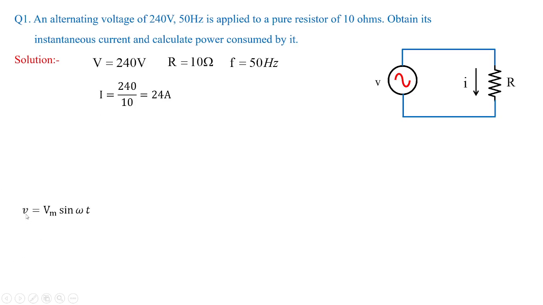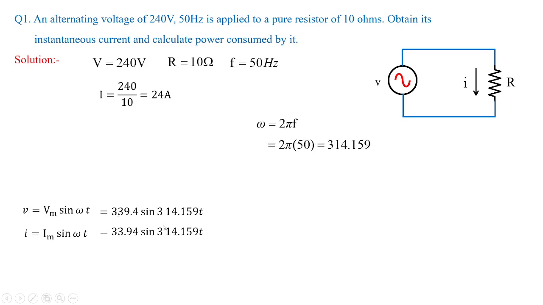The formula of instantaneous voltage is given by Vm sin omega t, and if you substitute the values for Im and Vm, Vm is 339.4 volts and Im, which is nothing but divided by 10, we'll get the value as 33.94 sin 314.159 t. The omega is estimated over here.